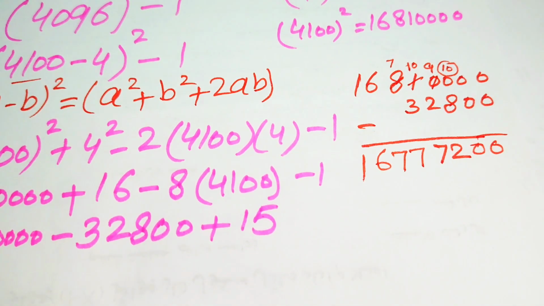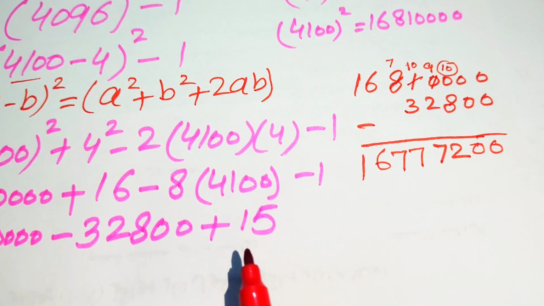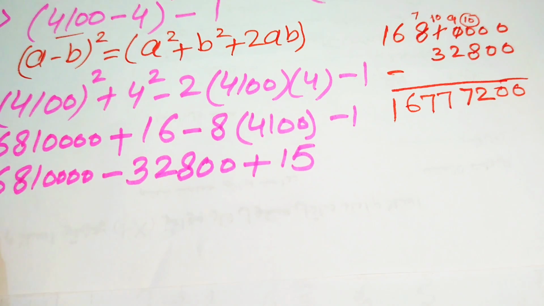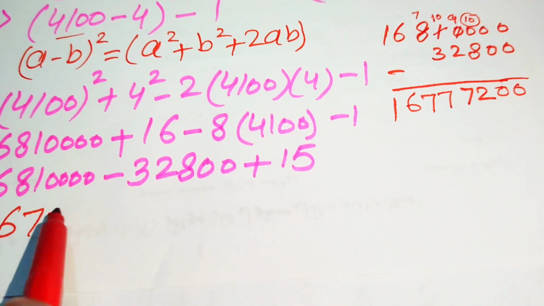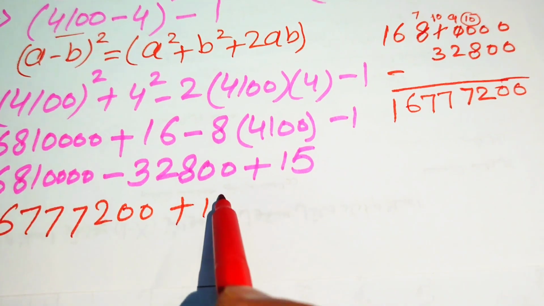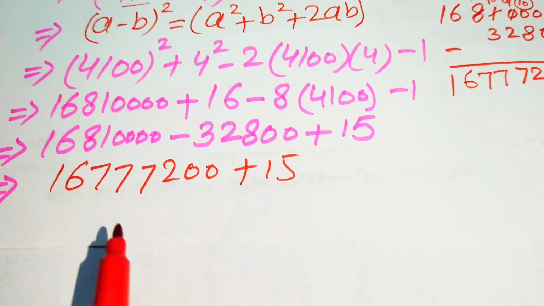And now finally we just add plus 15 to the final answer. When we subtract these two values, we get 16777200 plus 15. So now we add these two terms.